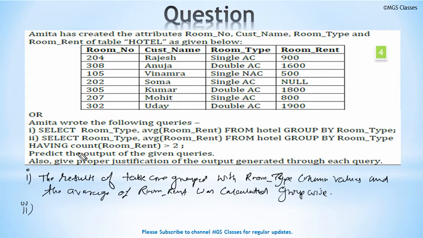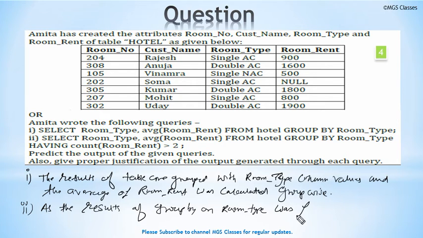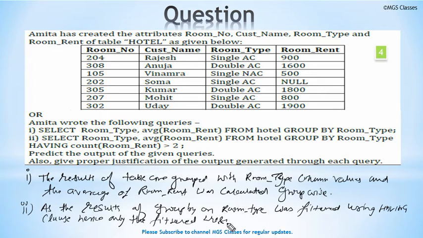And for the second question, what will be the justification? The results of group by on room type were filtered using the having clause, hence only the filtered results were displayed.